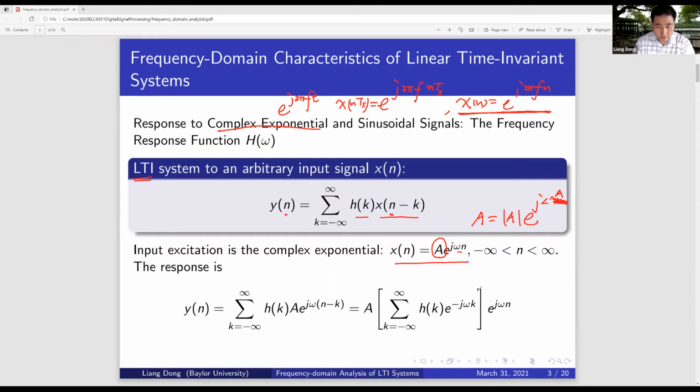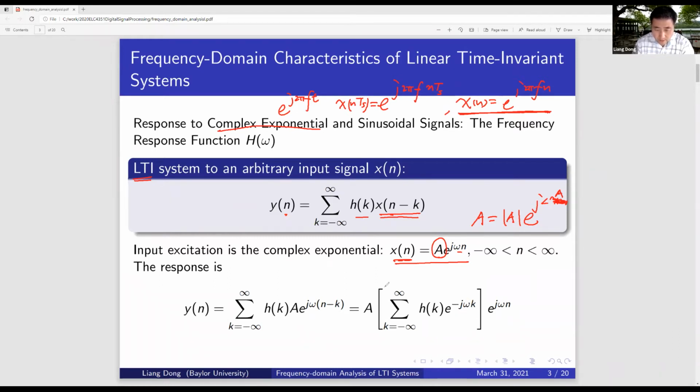For the response of the system to this complex exponential, we plug this in as my x, and we get the bottom equation. We have a convolution sum of h[k] times a times e to the power j omega (n minus k).